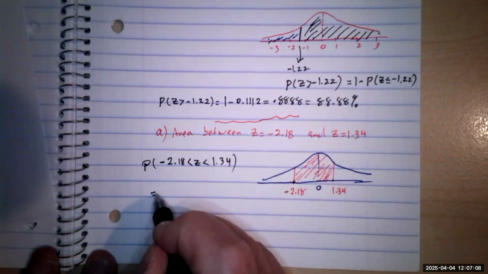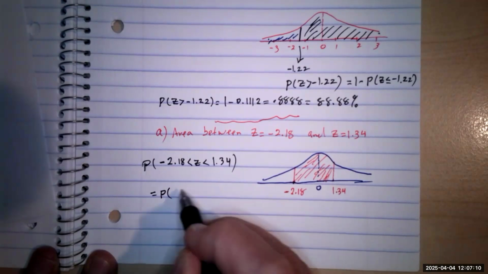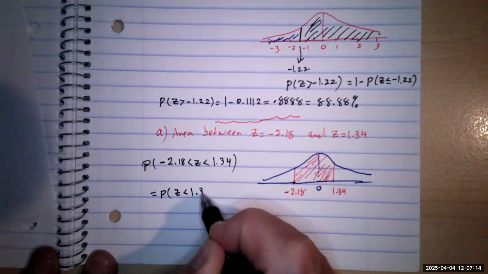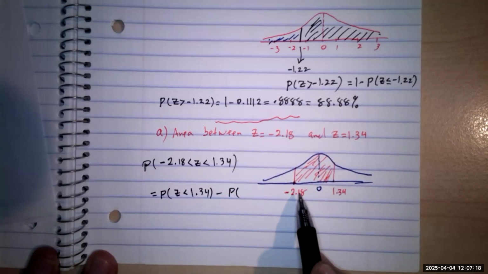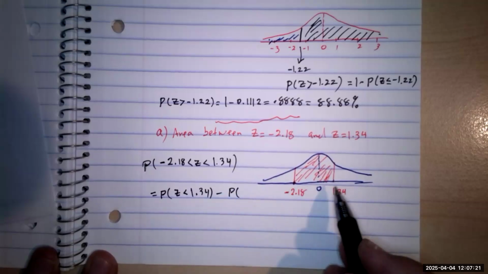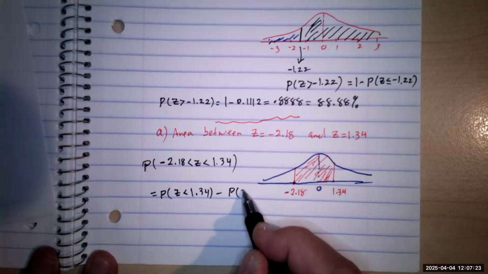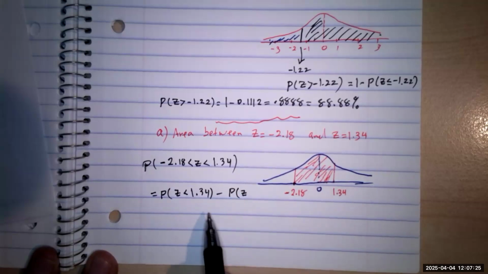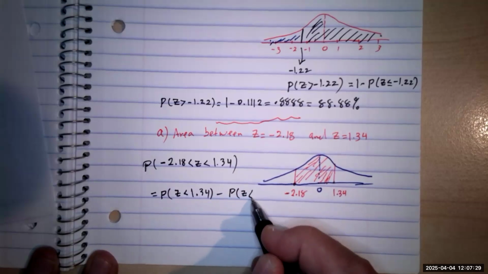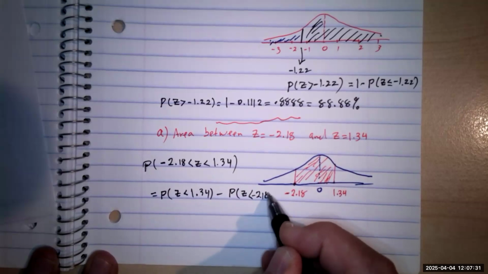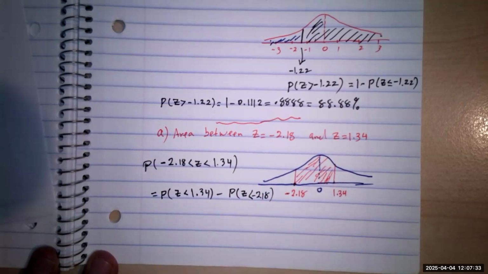So this would be the probability of the area to the left of the bigger number, 1.34, minus the probability of the area to the left of the other one, negative 2.18, if you want to do it yourself.